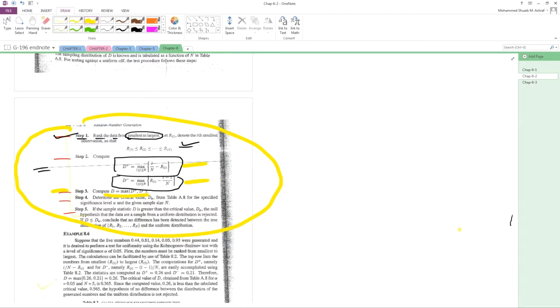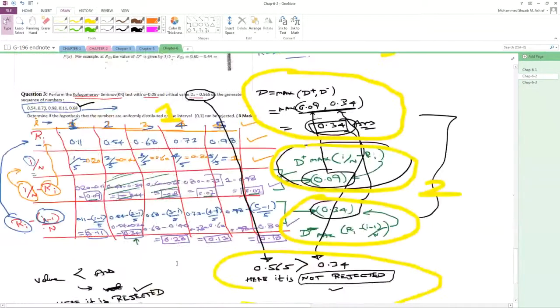Step number 3, we will calculate the maximum value and compare. Step number 4, we have to compare our answer with the critical value given in the question. If the answer is smaller, then it is not rejected. If the answer is bigger, then it is rejected. Okay, this is the end.